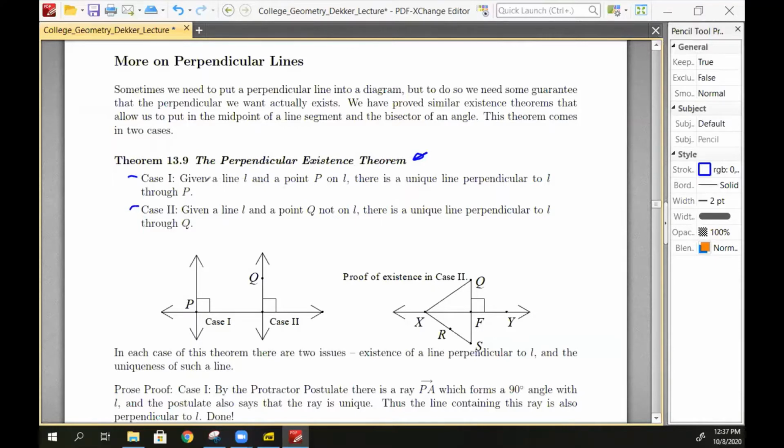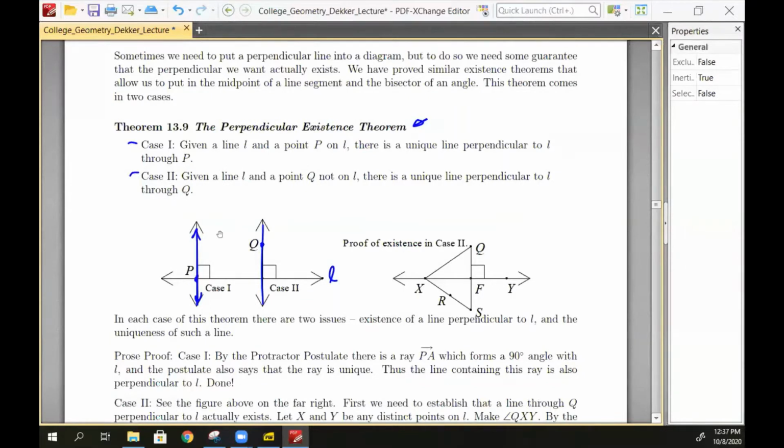The first case is if we're given some line L and some point P on that line, then there is a unique perpendicular line through the point P on the line. The other case is if we have a line, but a point Q that's not on the line, then there's a perpendicular through Q to the line L. Those are the two situations.